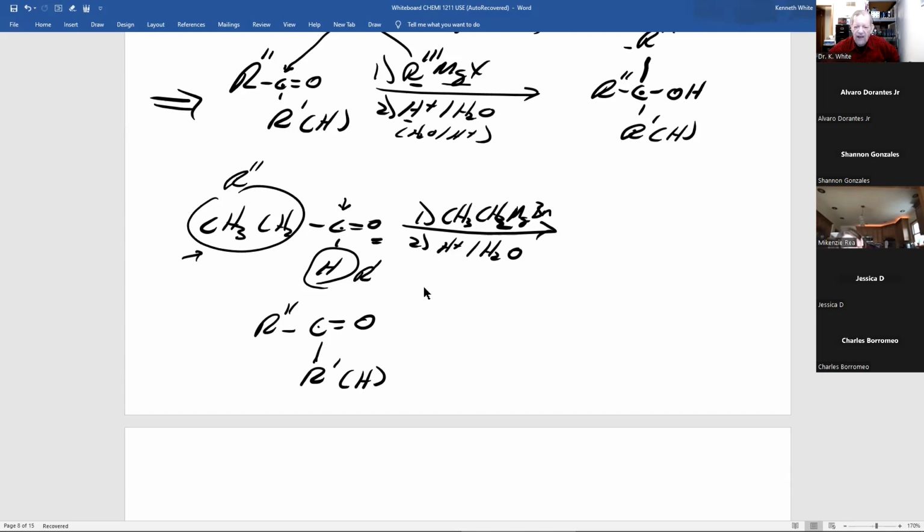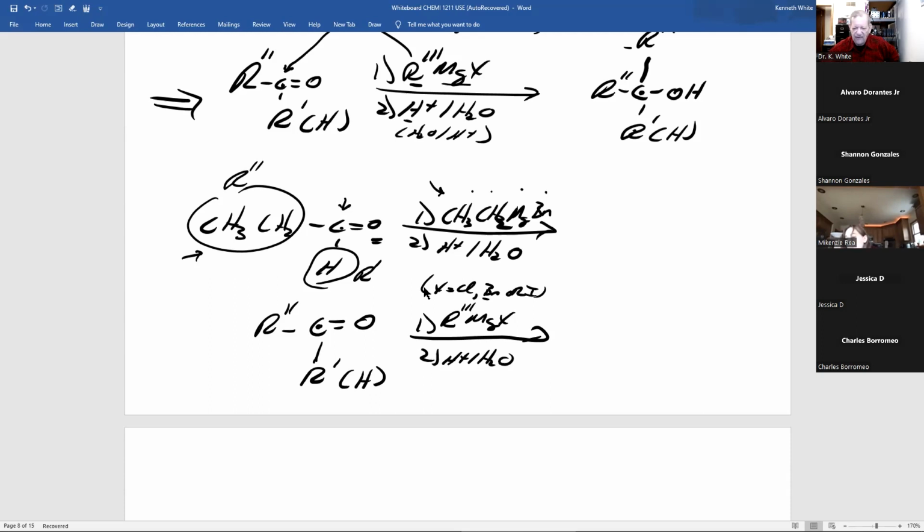Next, step one, carbon-carbon, magnesium halide. Bromine is a halogen, and we have a Grignard reagent. Remember, X can be chlorine, bromine, or iodine. In our case, it's bromine. Second step, acid and water.